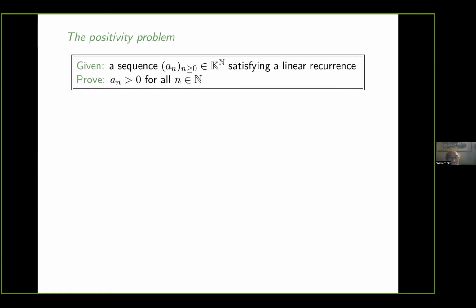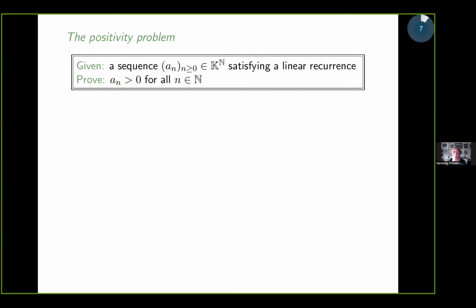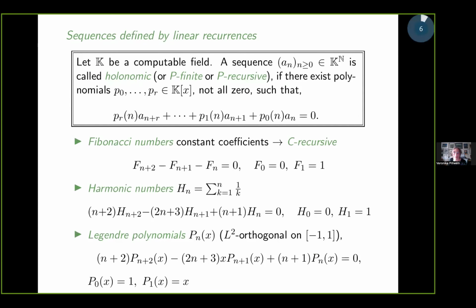Sorry, just now, I think the x should be an n. Is that right? Here? In the second coefficient, 2n plus 3 times x, the x should be an n? No, this x is supposed to be an x. So it's the Legendre polynomials, the orthogonal polynomials, and each polynomial P_n is of degree n.